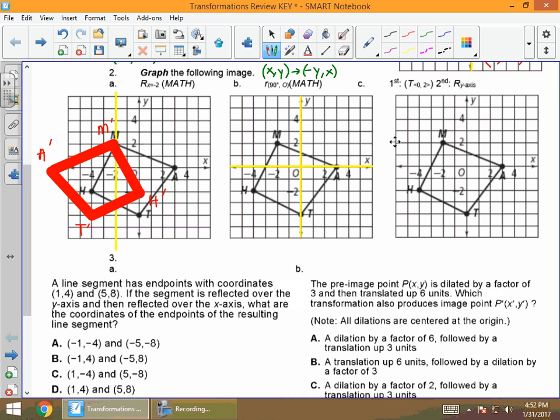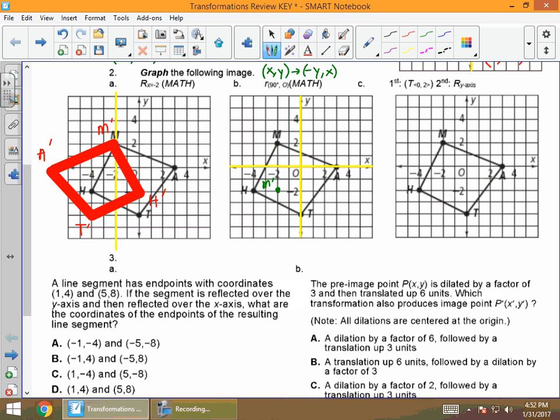And the point M is at negative 2, 2. That's the M right now. So negative 2, 2, if I were to plug it into my little formula up here at the top, will become the point negative 2, negative 2. So that's my new M. My old A was at 3, 0.